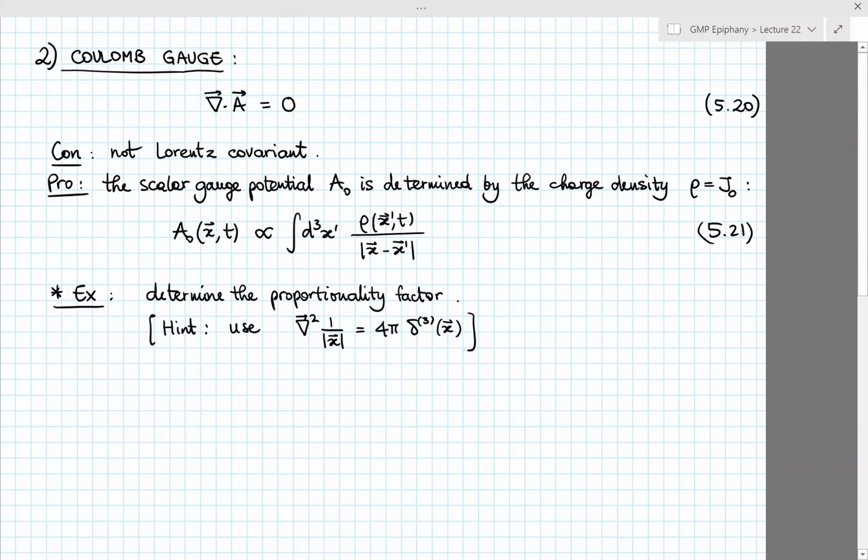Anyway, this is a really side remark, so don't waste too much time on this exercise.